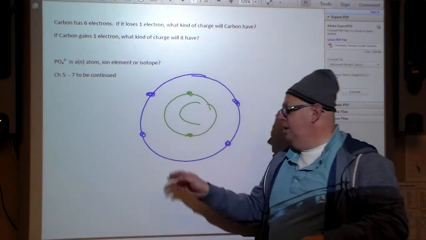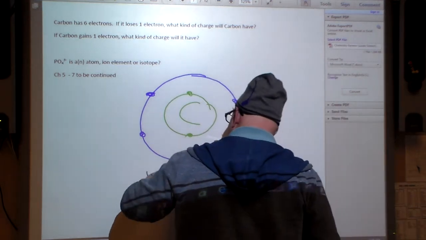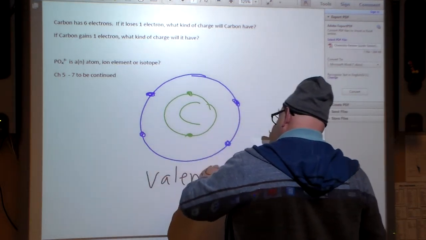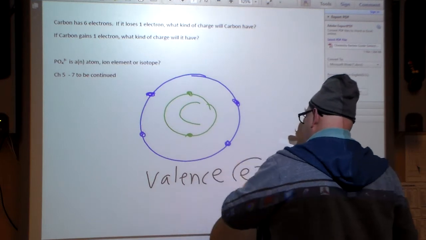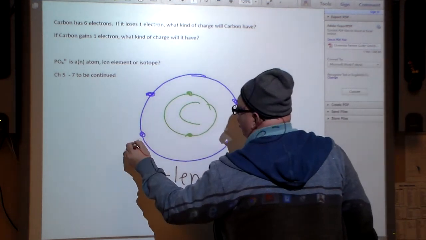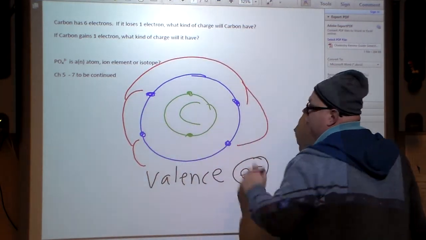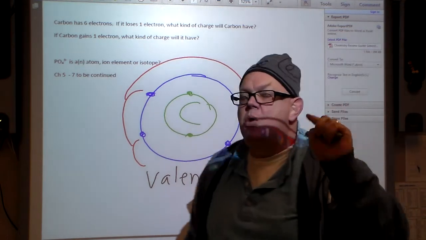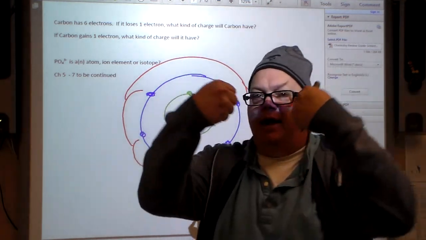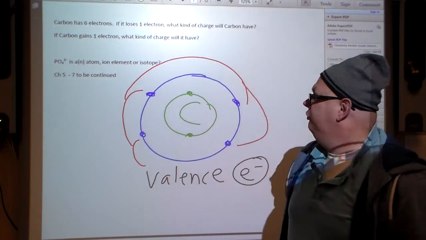I'm using the Bohr model. Valence. Valence electrons, guys. Valence electrons are all these outer electrons. That's where the action is happening when atoms join together. That's where it's happening, nowhere else.